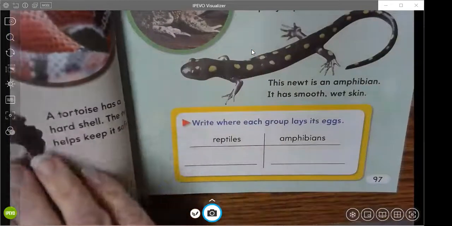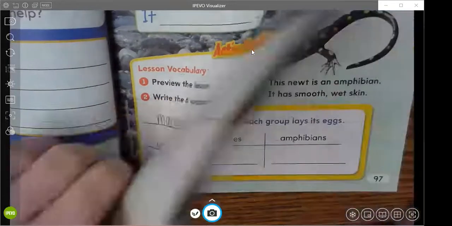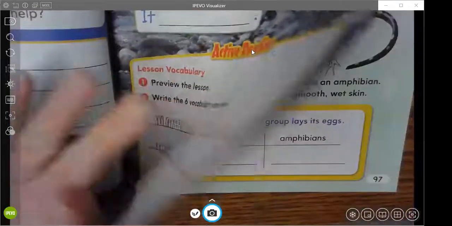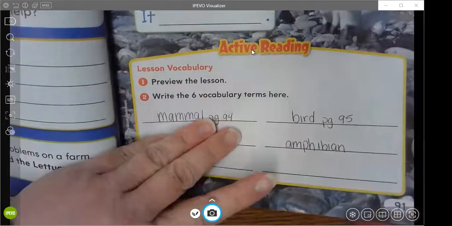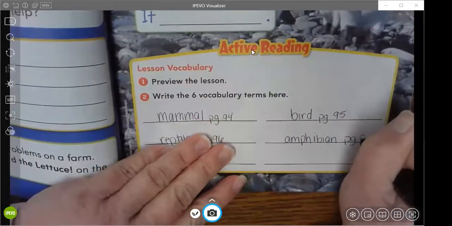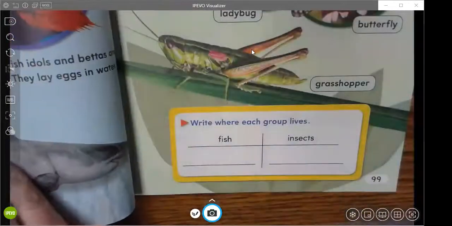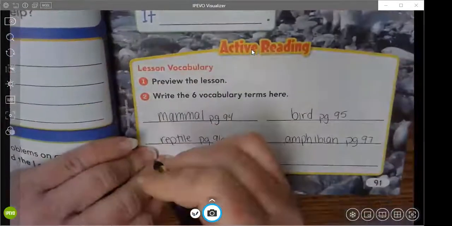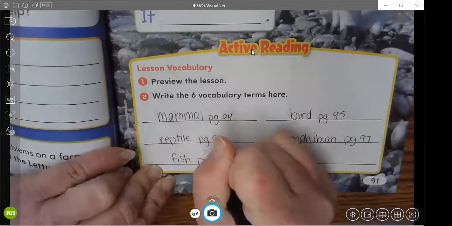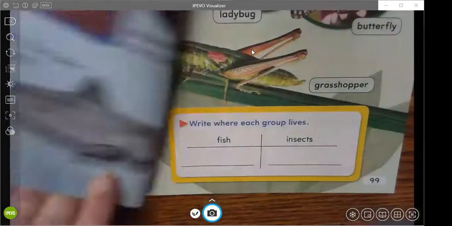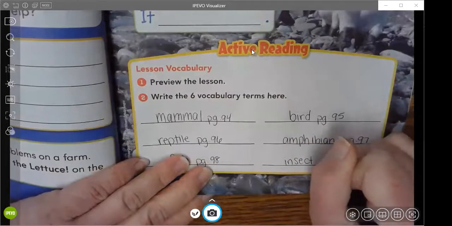And then amphibian, on page 97. Then flipping through, I came across fish on page 98 and insect on page 99.